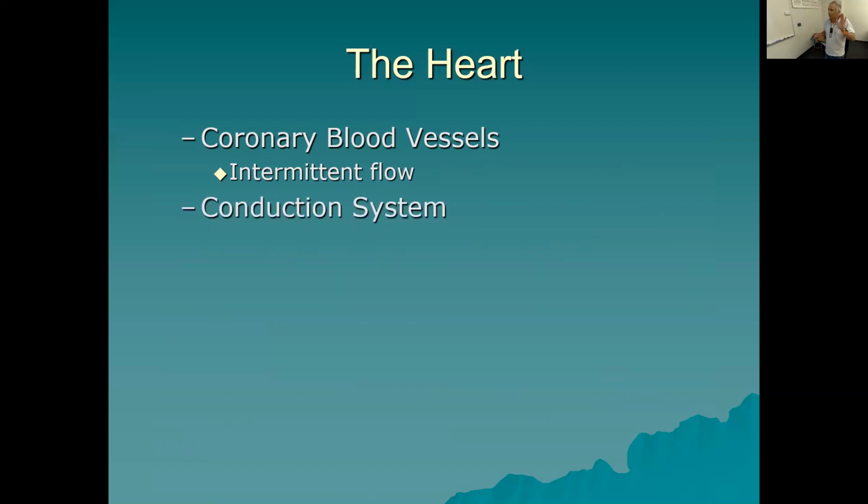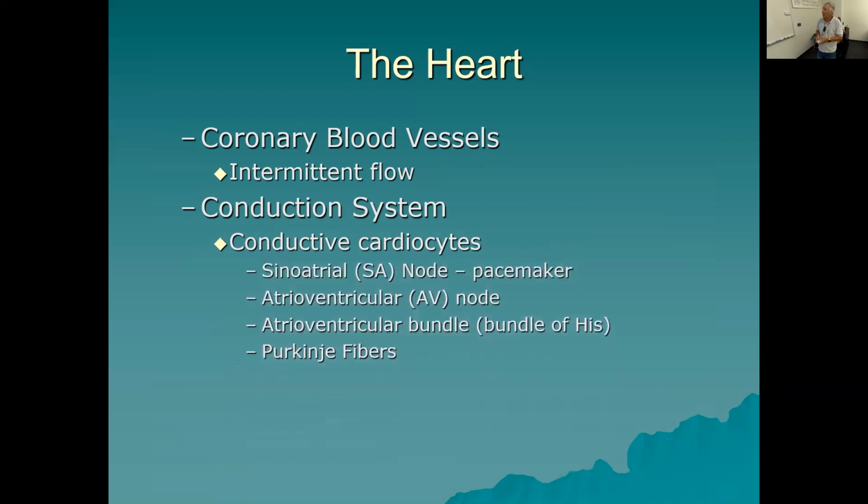The conduction system. I'm going to name the parts now, and then I'll show you a diagram of it when we end this particular lecture. These are conductive cardiocytes. All right, so here's the thing: the sinoatrial node is called the pacemaker, and it is dorsal superior in the right atrium. It has the fastest natural rhythm, so it sets the pace.